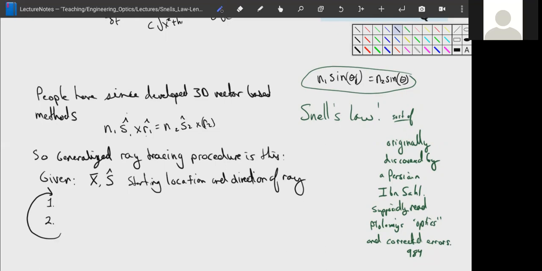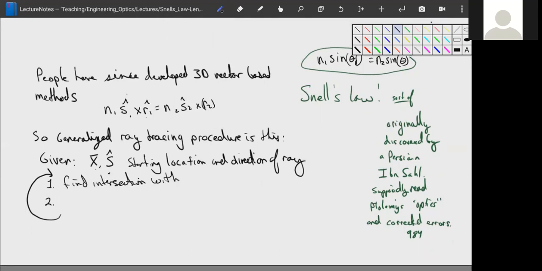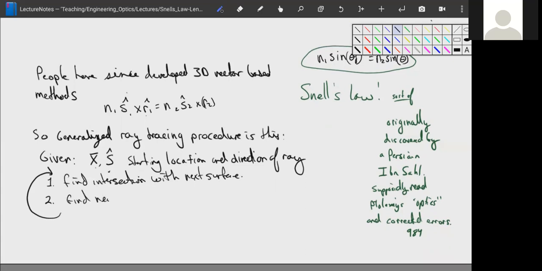So what this allows us to do is develop a ray tracing procedure. Given a position and a direction of a ray, we can find the intersection with the next surface, and then find the new direction. And then we repeat it over and over again until we've reached our destination, which is usually a camera or something like that.